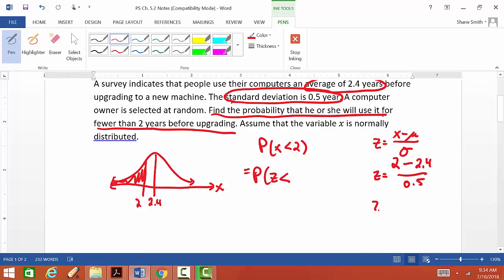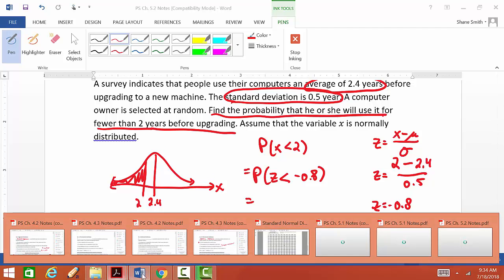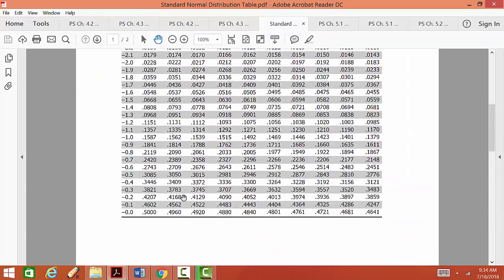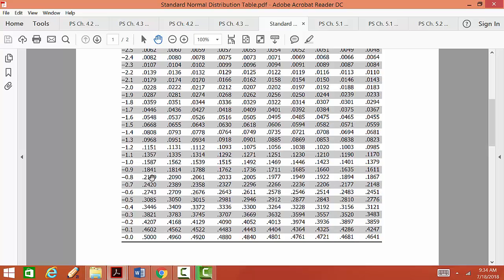And the answer is negative 0.8. If you look up negative 0.8 in our table, it's 0.2119.